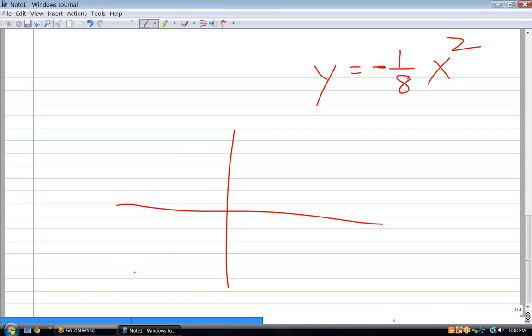Down. Put it into standard format. Multiply by 8. By negative 8. Negative 8. See why? Because we've got to get it into some number in front of the y equals x squared. Not minus x squared, but x squared.